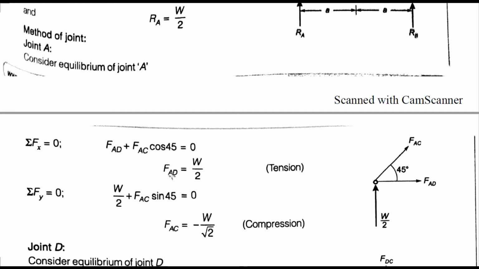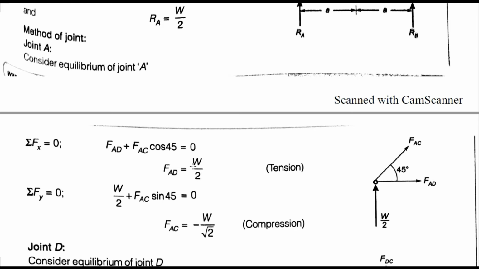Then summation of Fy is equal to 0 means W by 2 plus FAC sine 45, because we have another component of FAC, FAC sine 45, in the y direction. So W by 2 plus FAC sine 45 is equal to 0. Here we get FAC is equal to minus W by root 2, and by putting this FAC value in the equation, FAD is equal to W by 2.